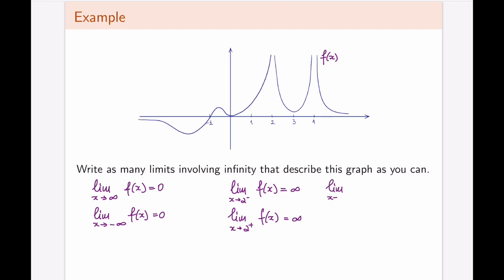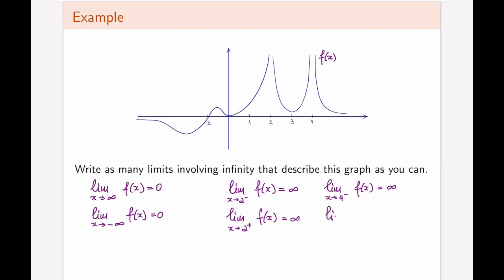And I can write the exact same expressions for x approaching 4 from the left and from the right. These are just about all of the limits involving infinity that I can write about this function. Of course, there are in fact infinitely many limits that I can write about this function in general, but these are the only ones where x tends to infinity or where the limit itself is equal to infinity.